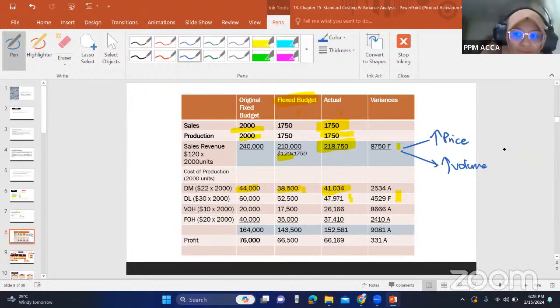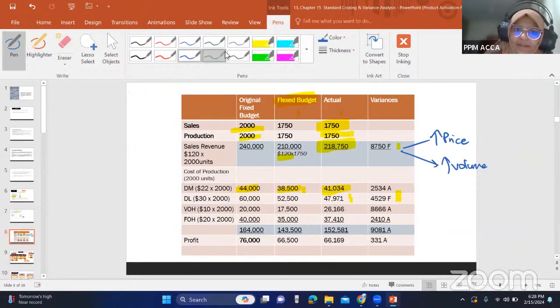So maybe you have to go and commend the production manager or the quality controller or somebody in production who is responsible for that. Now, if volume increased because of increased quality and you give the sales manager a bonus for something he didn't do, then that will automatically give a negative vibe in the organization. Understood? So that is why, if you have a variance, we have to figure out what caused it.